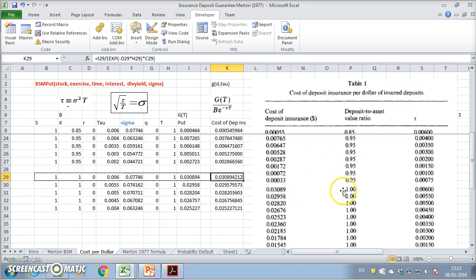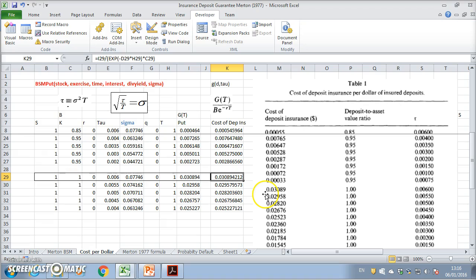In other words, if you had no equity and you were insuring a loan or deposits where the value of tau is 0.006, then for every dollar lent, the cost of insuring those funds would be equivalent to 3 cents, 3.1 cents.